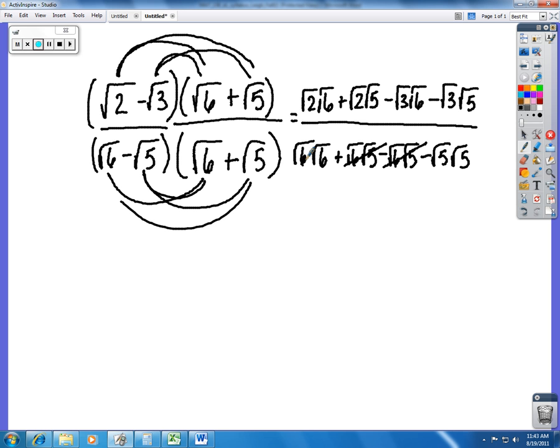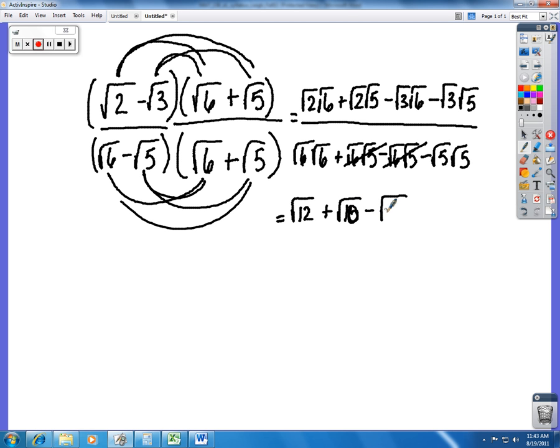Okay, so now if we condense the numbers together on top, again, if we remember, any numbers that are multiplied together like this can be put under one radical. So we've got the square root of 2 times 6, which is 12, plus the square root of 2 times 5, which is 10. Oh, that doesn't look like a 10. That was a little more like a 10, all right.